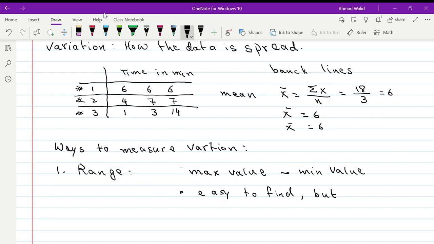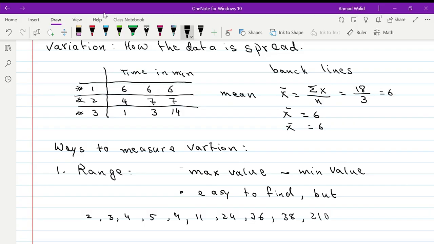For example, you have a data set that consists of like 100 items in it. I will do an example here. For example, look at this data set: 2, 3, 4, 5, 9, 11, 24, 36, 38, 210.